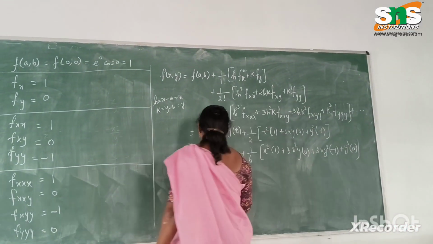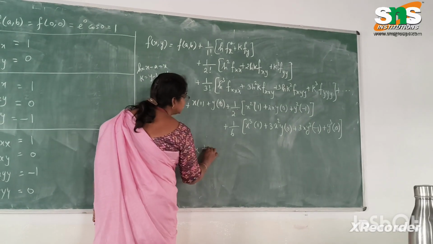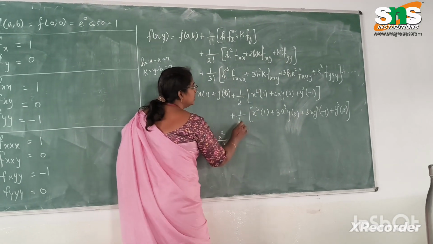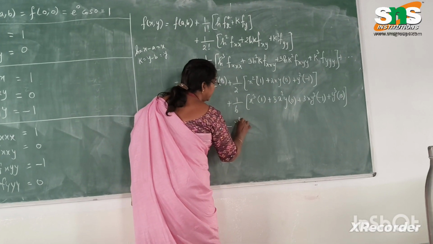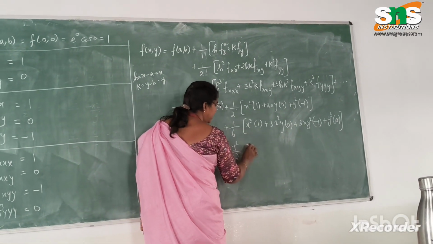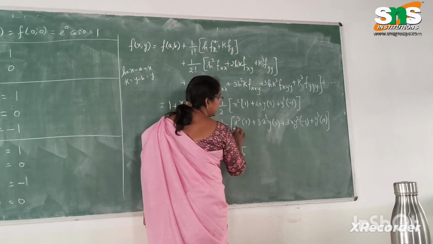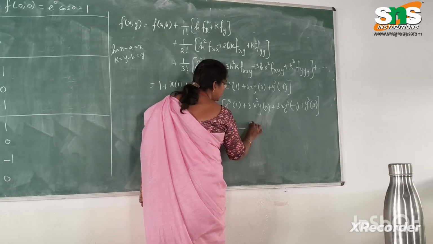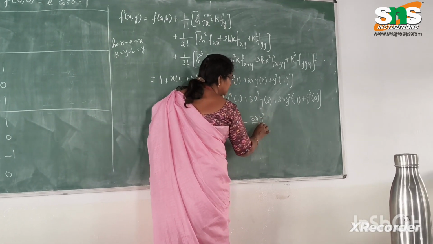Next we can conclude all these: 1 plus x plus x squared by 2, and then minus y squared by 2, and then plus x power 3 divided by 6, and this term is 0, minus 3 x y squared by 6.